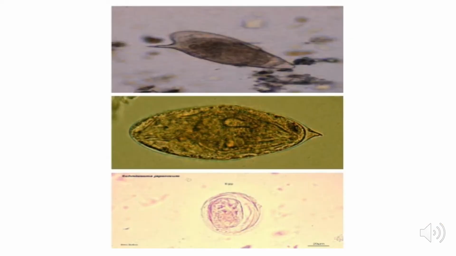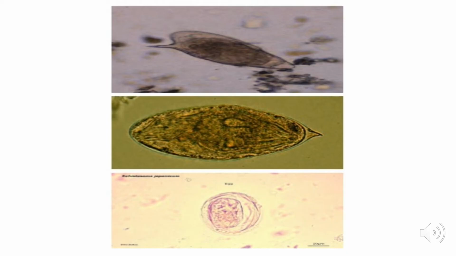Let's try to identify these three ova. Let's start with the first picture. It has a prominent lateral spine. So therefore, this is the ovum of Schistosoma mansoni, and the diagnostic specimen is the stool. The egg in the center has a terminal spine, so therefore, that is from Schistosoma hematobium, and the diagnostic specimen is urine.